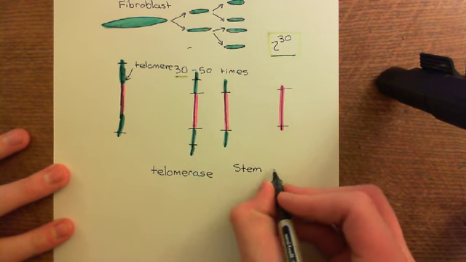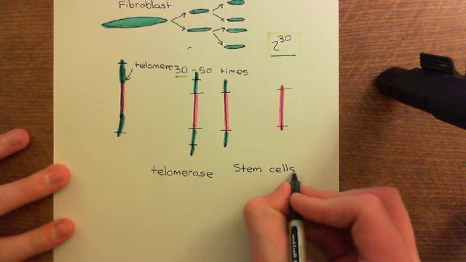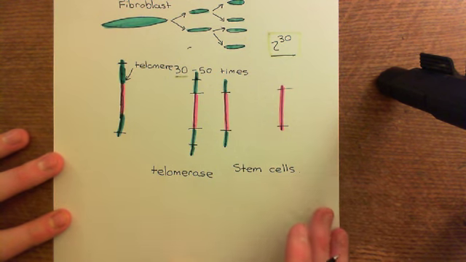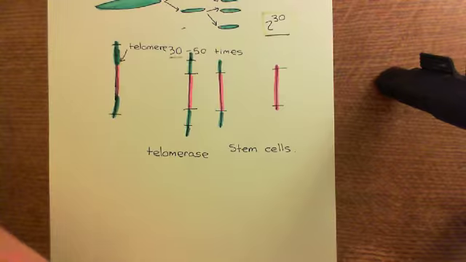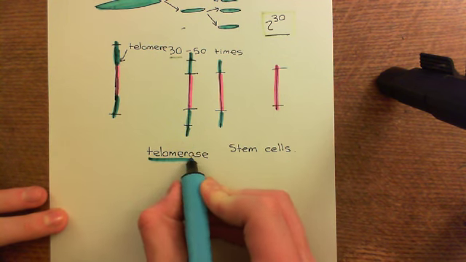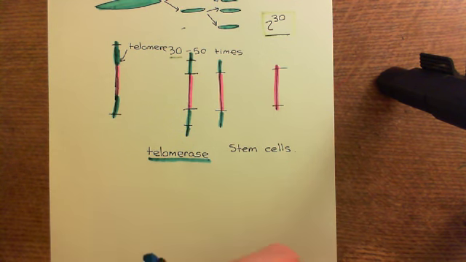Cancer cells also get around the Hayflick limit. They remove it, and the common way that they do it is through the activation of the enzyme telomerase. There are other mechanisms as well.